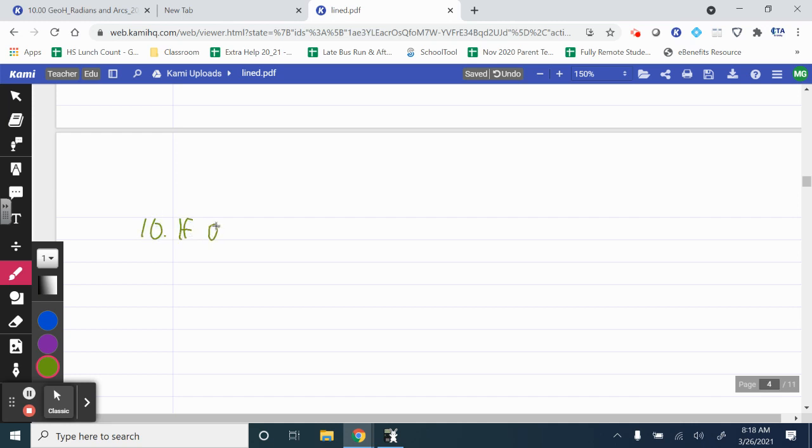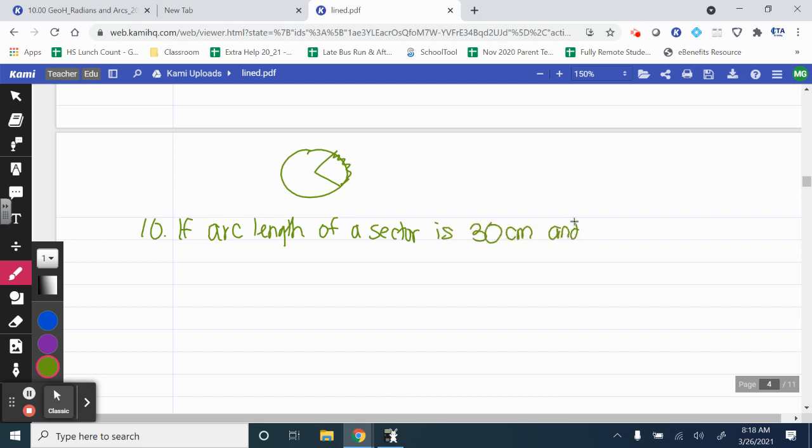Number 10, if the arc length of a sector, so again, that arc length means it's this piece along your circumference, is 30 centimeters, and the radius is 10 centimeters, find the measure of the central angle in radians.